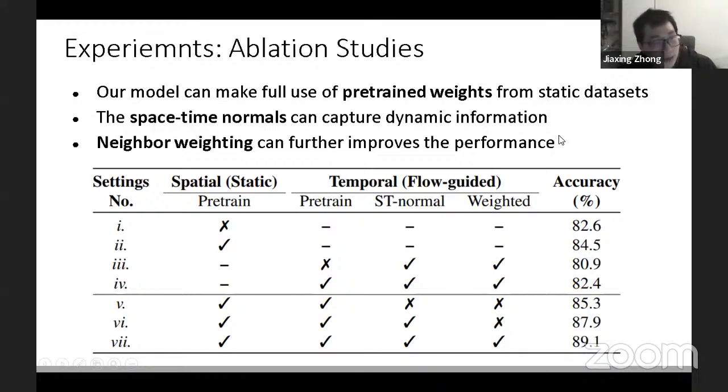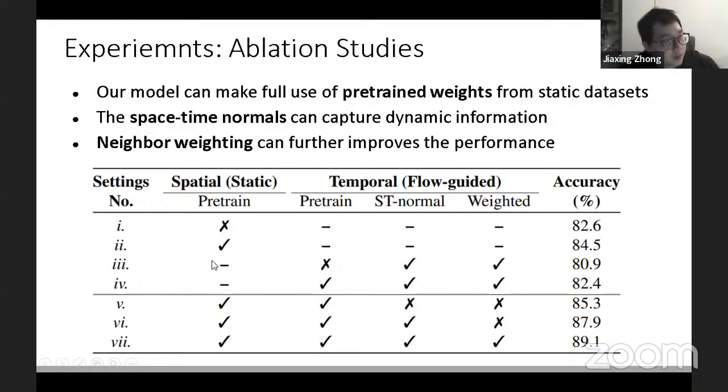Because by extending this static model, we not only get the advantages from its well-developed structures and ready-to-use codes, but also the pre-trained weight from the static data can help to improve the performance in the dynamic task.